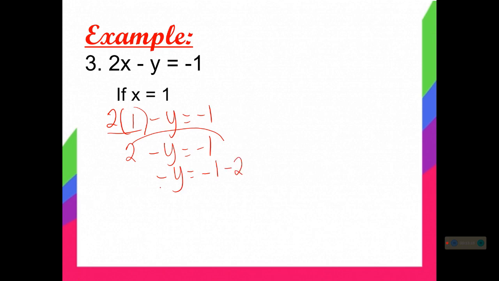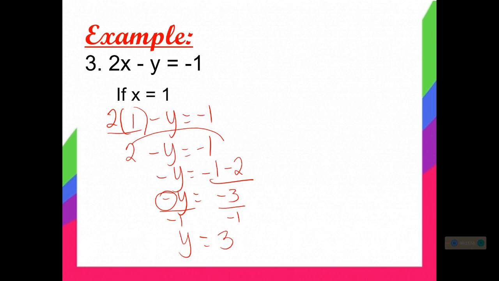And then you have negative y equals, combining these, negative 3. But since you have the negative sign, you are going to divide both sides of the equation by negative 1. So you will have positive y equals negative 3 divided by negative 1, which is 3.